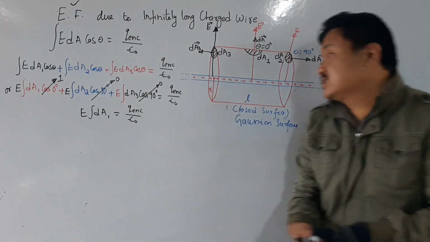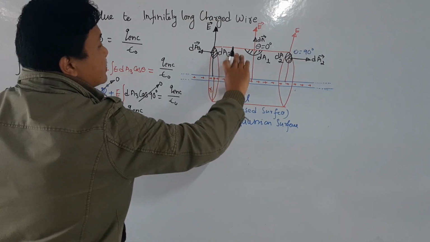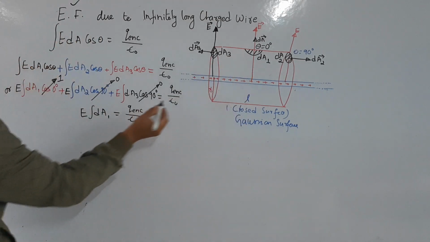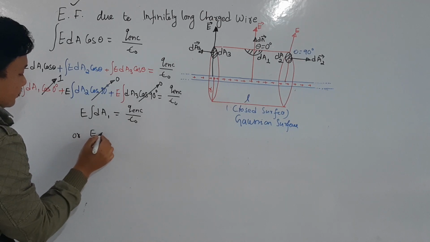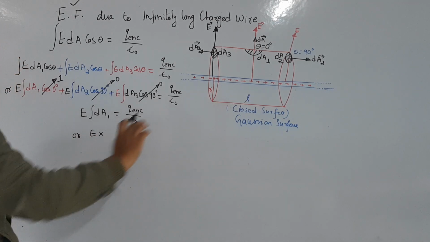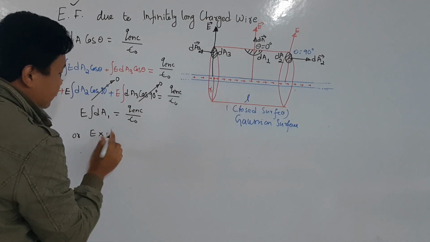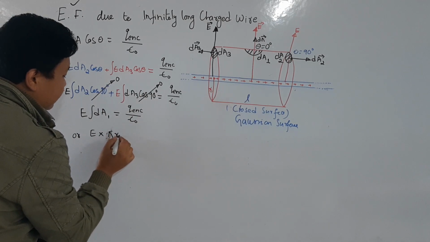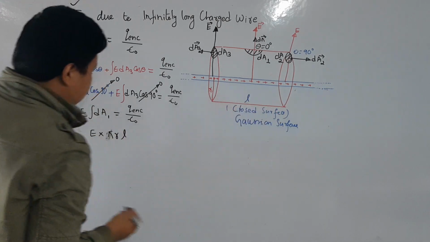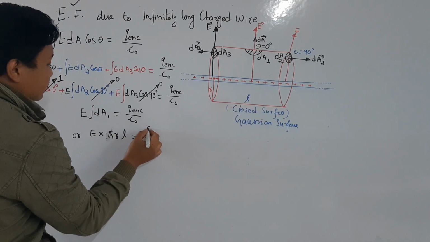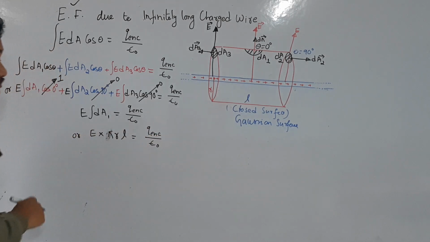So the integration of this dA is the curved surface area of this cylinder whose radius is r. So I will get E into the formula of curved surface area, which is 2 pi r L, because L is the height or length. It will be equal to Q enclosed by epsilon naught.